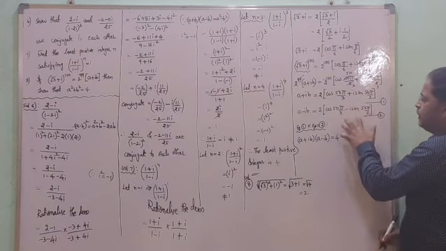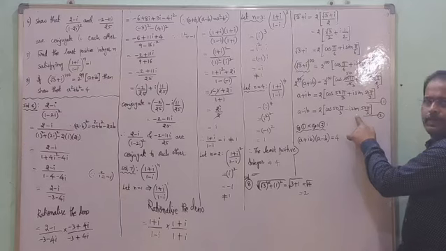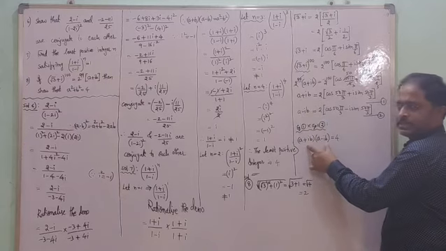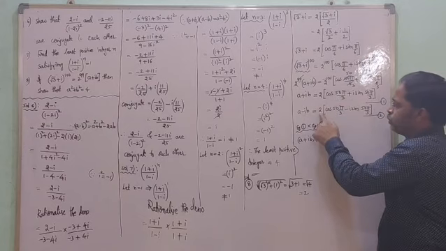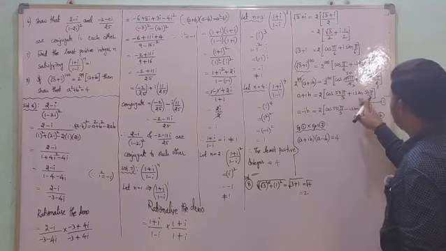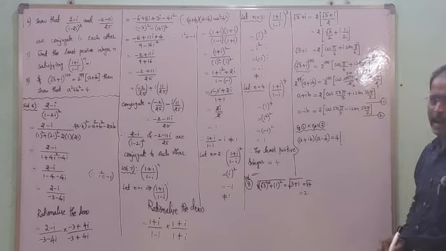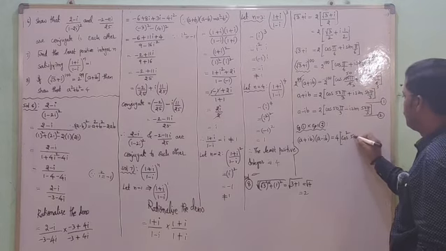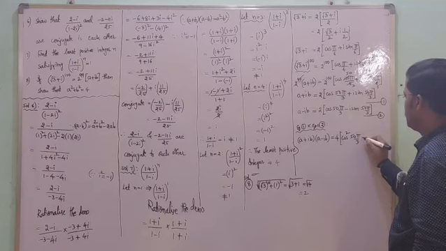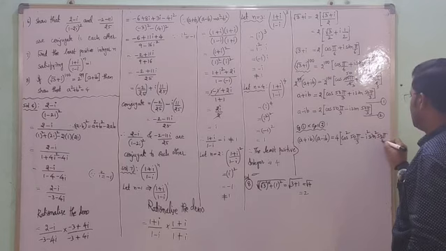And this one into this one: (a + b)(a − b) means a² − b². A square means cos² 50π/3, minus b square means i² sin² 50π/3.